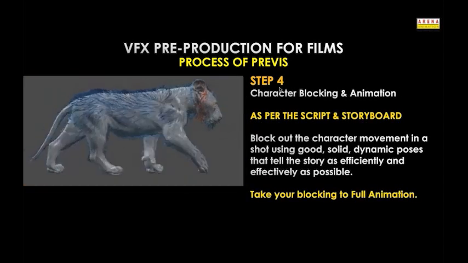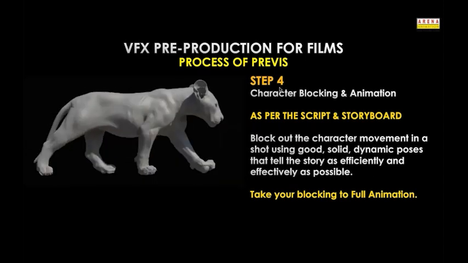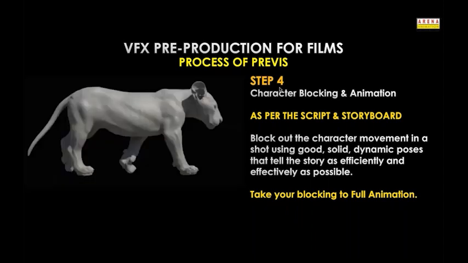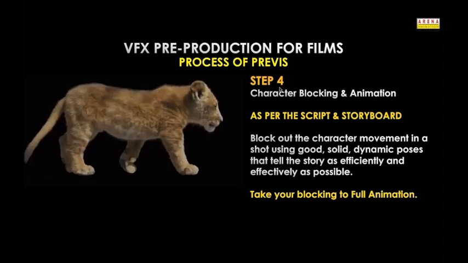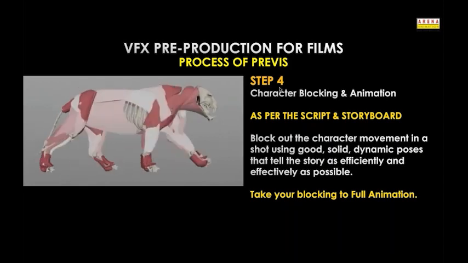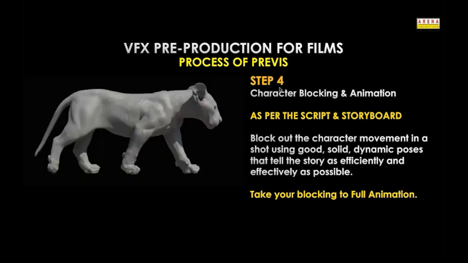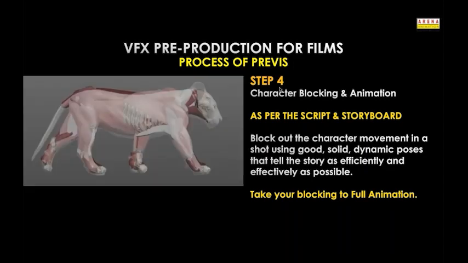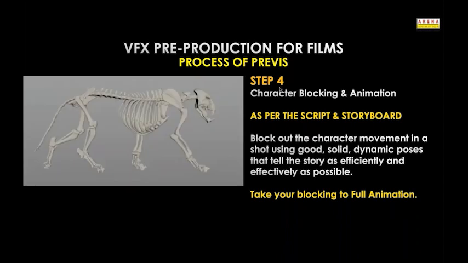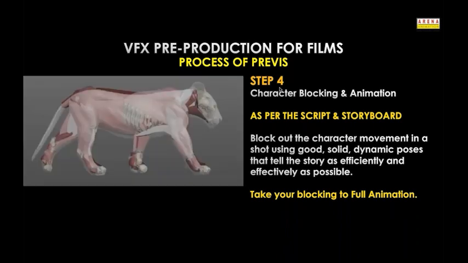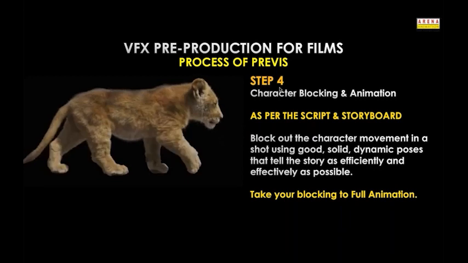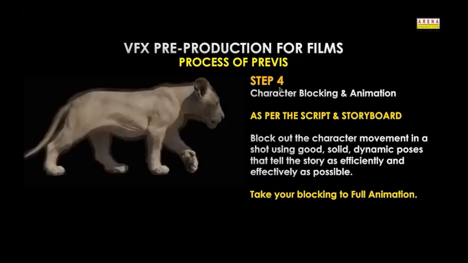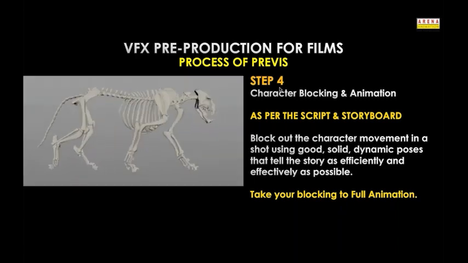The next is you block your character or your assets or whatever has to be animated, as per the script and the storyboard. You create dynamic poses as per the story and use them effectively and efficiently. Finally, after blocking you can actually animate it, so that in previs it looks as close as possible for visualizing for the director or the cinematographer or the DP.